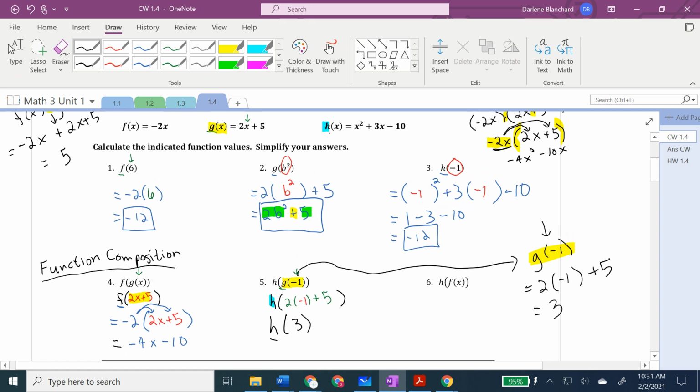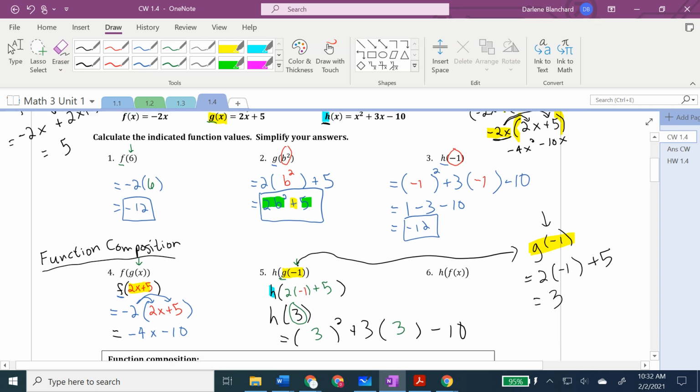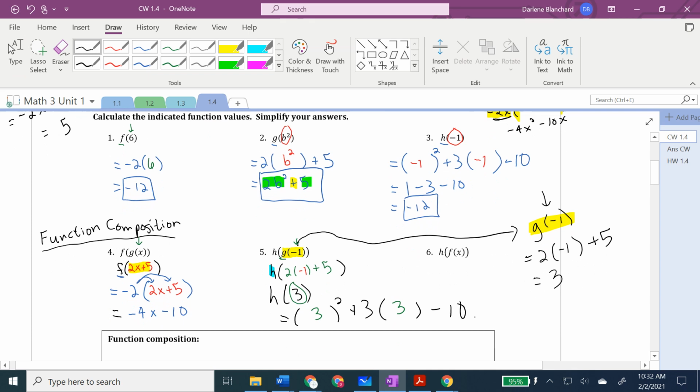So you find the h function, and the h function is x squared plus 3 times x minus 10. I'm going to erase this. And then you're going to replace every x with a 3. And then that's going to give you 9 plus 9 minus 10, which would then be, I believe, 8. Yes, 8.